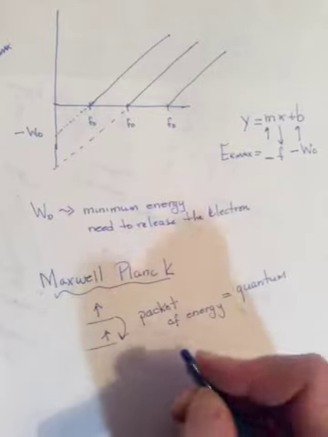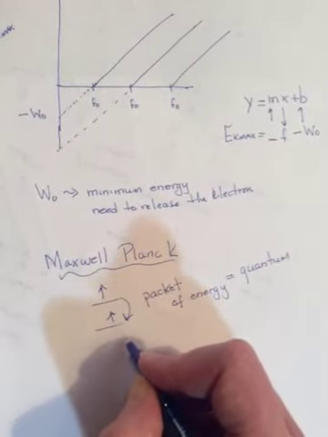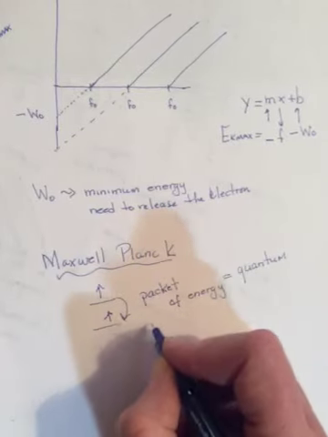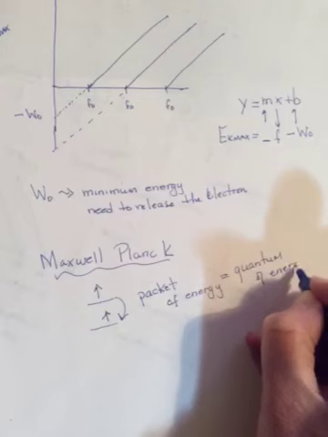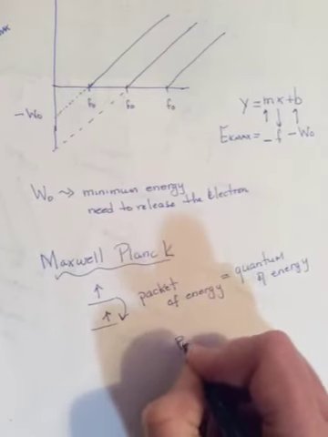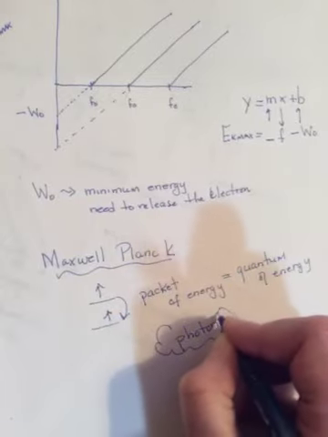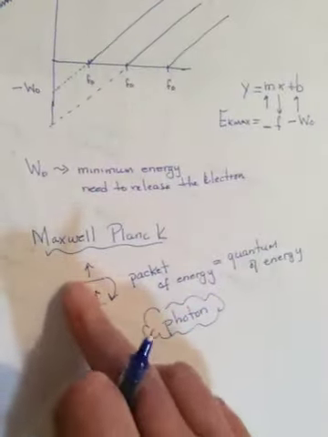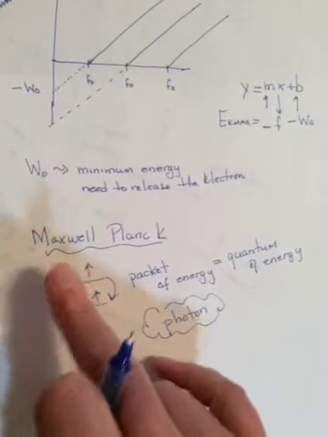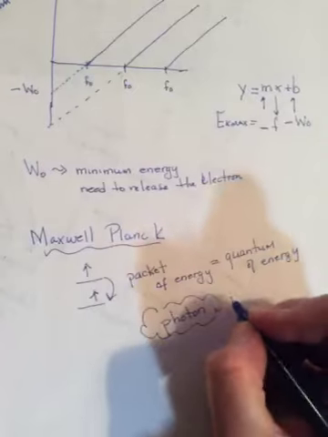A quantum of energy. So quantum is just a tiny little amount, a packet or a quantum of energy. Okay? And the other thing that Maxwell Planck suggested was that we call these packets of energy, or quantums of energy, photons. Okay, so a photon is a packet of energy that's being emitted by an electron as an electron falls from a higher energy level to a lower energy level.